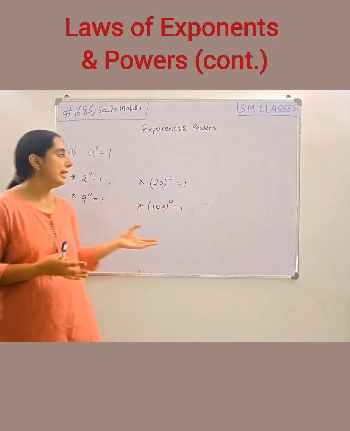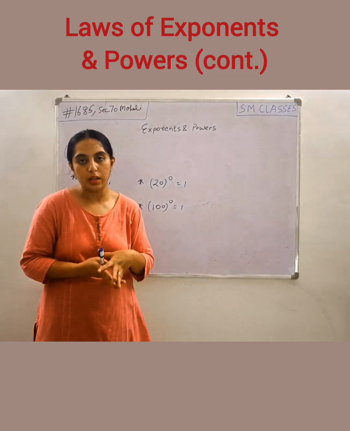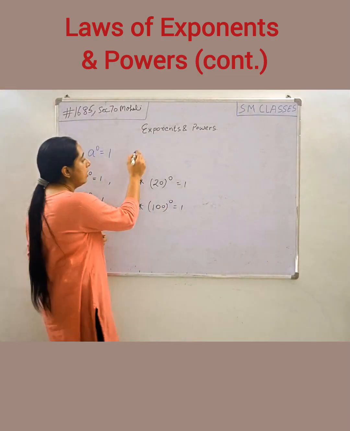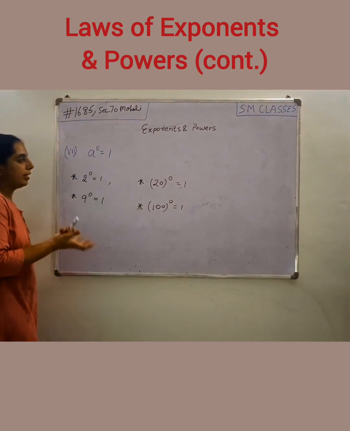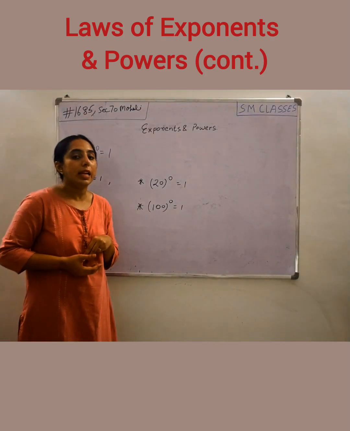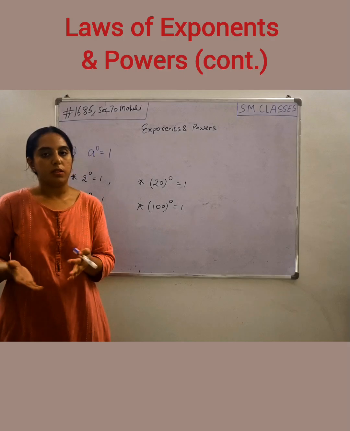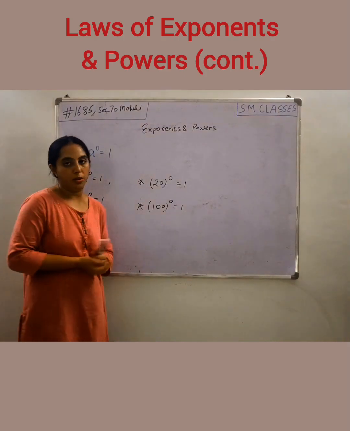This means anything raised to power 0 is 1, provided a is a non-zero integer. So this is an expression or a law, but it is applicable in certain questions that will come along.